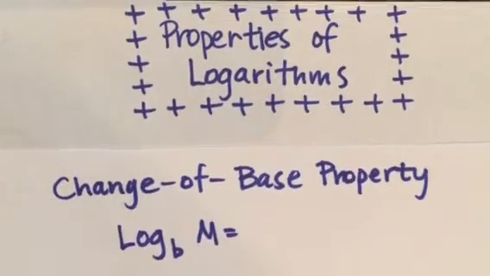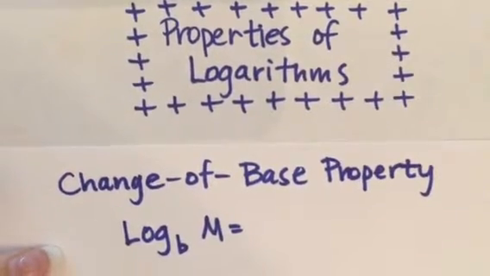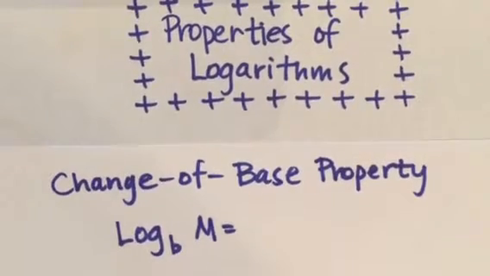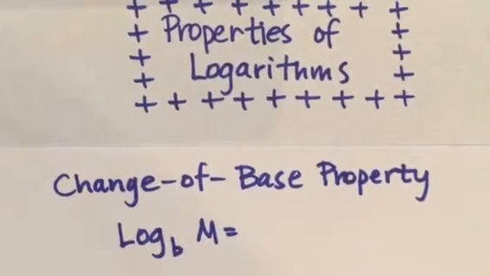So this handy dandy property allows us to change the base of the log that we want to evaluate to anything we want, but usually we change it to base e or base 10.